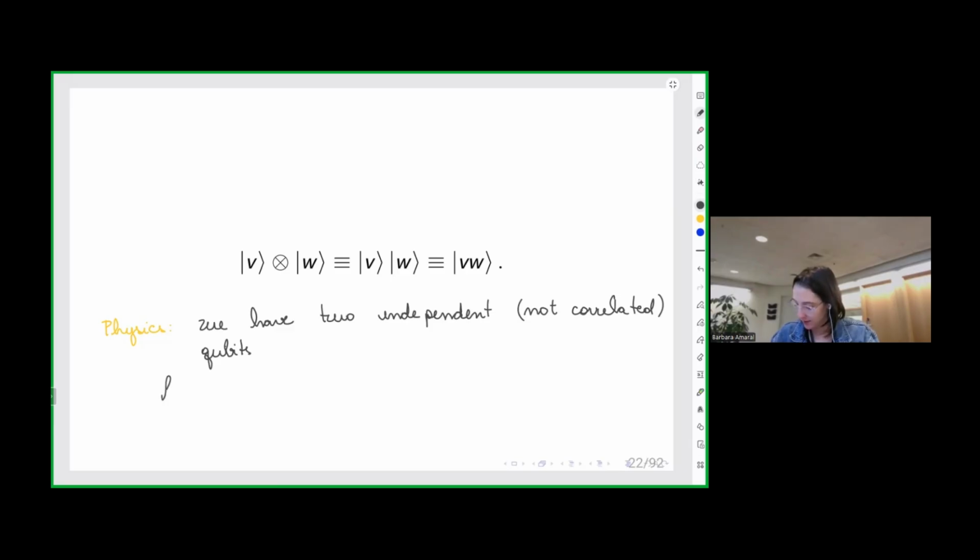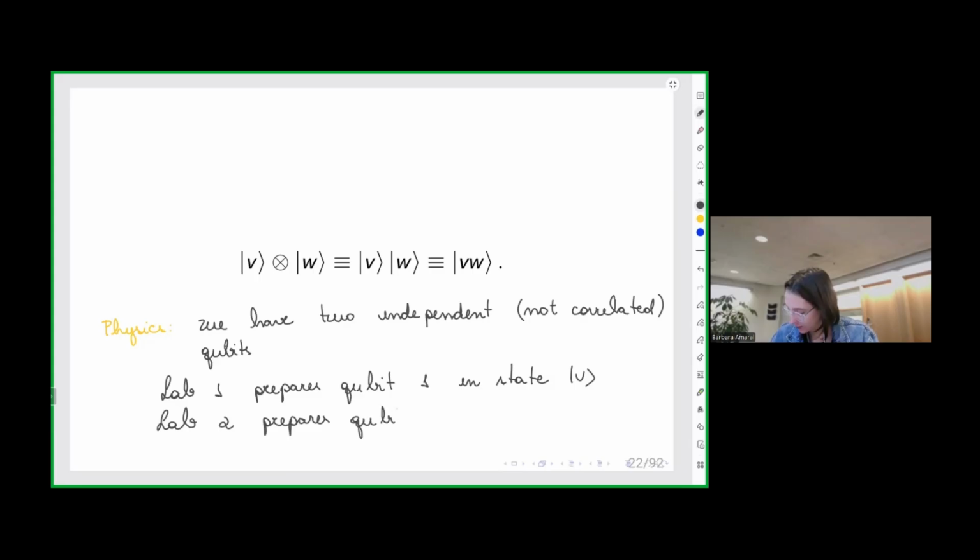Lab 1 prepares one, and lab 2 prepares the other. What is the representation for the state of that joint system?